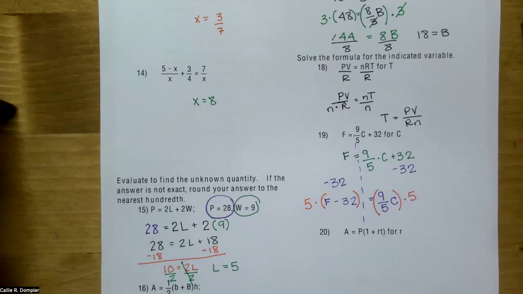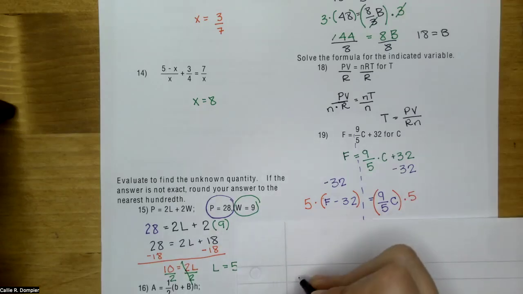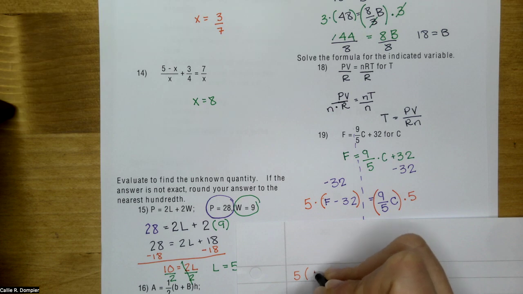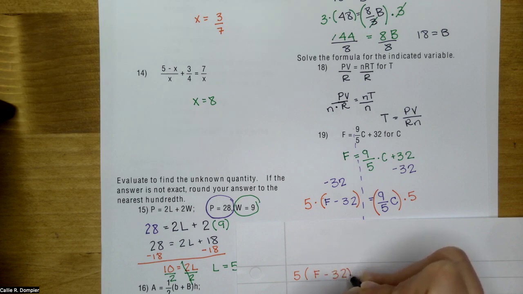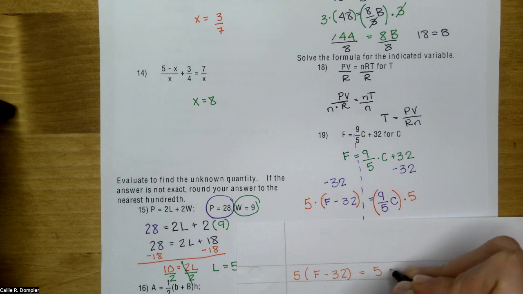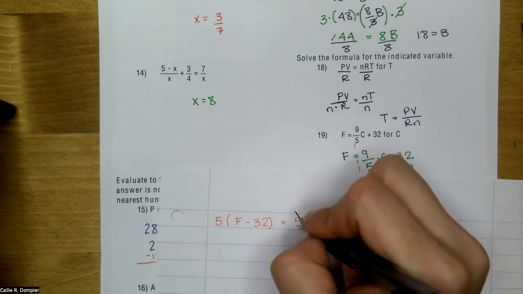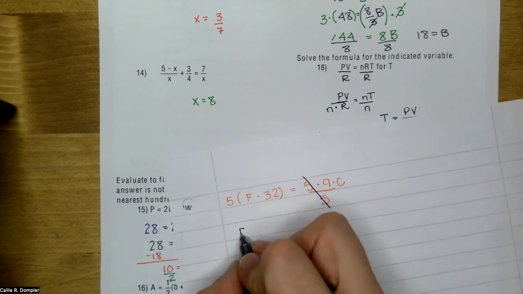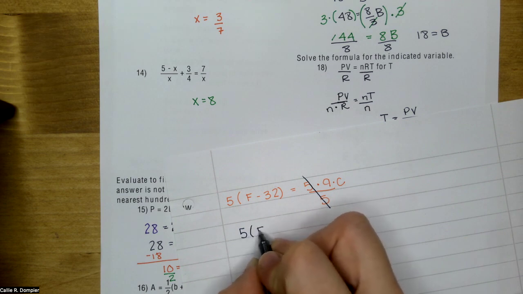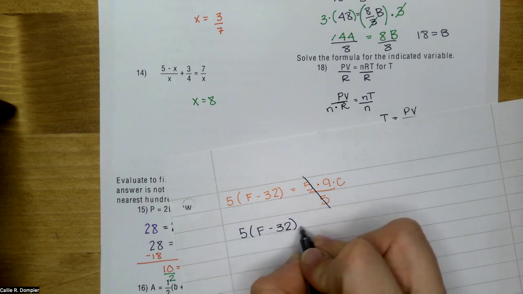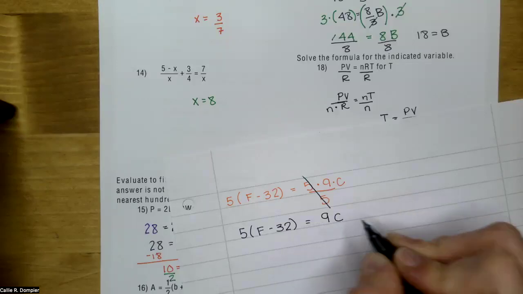So now we have 5 times F minus 32 is equal to 5 times 9 over 5 times C, right? Okay. Why did we do that? We did that so we could cancel the 5, and we get 5 times F minus 32 is equal to 9C.